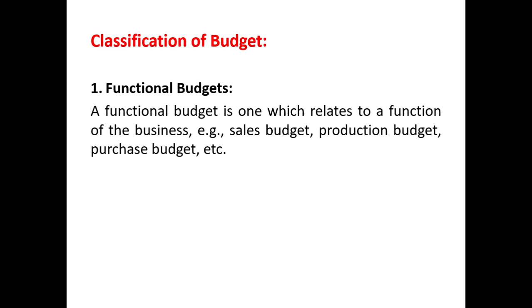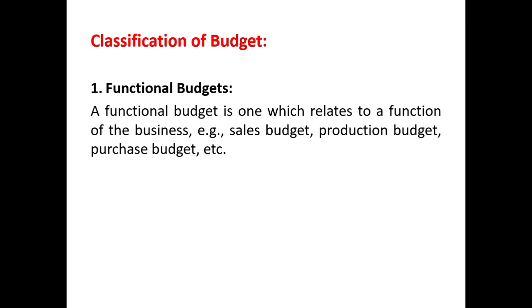For each and every function, a budget is required. Without budget, without planning, they can't succeed in the business. So, for each function of the business, there should be a budget. That is called a functional budget.